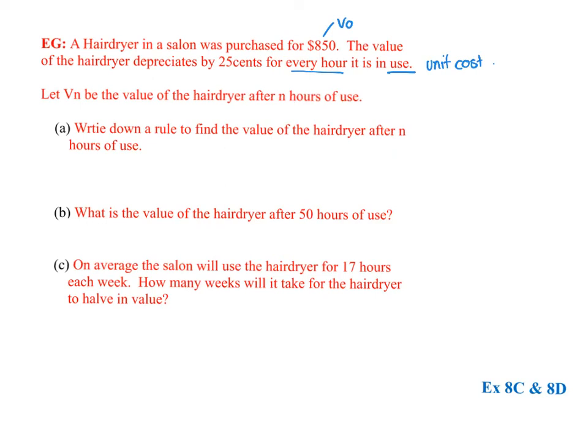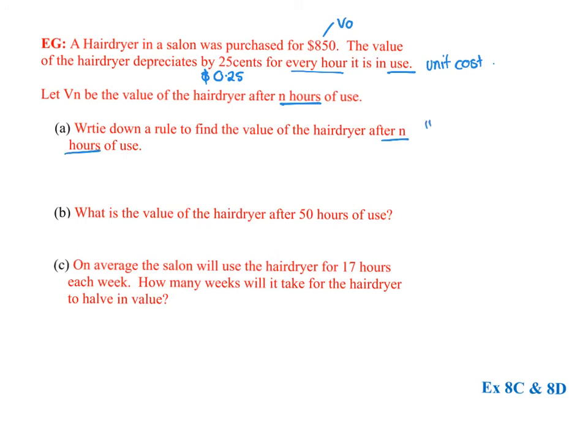What should I be changing that to? Excellent, 0.25. Yes, we always work in dollars, we won't have cents. Let Vn be the value of the hairdryer after n hours. That's good because they gave me an hourly rate.